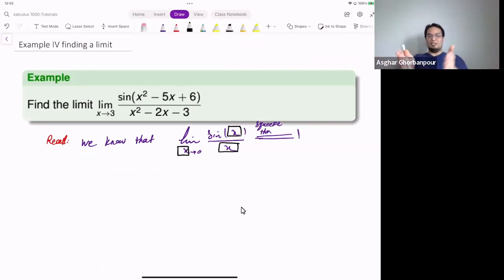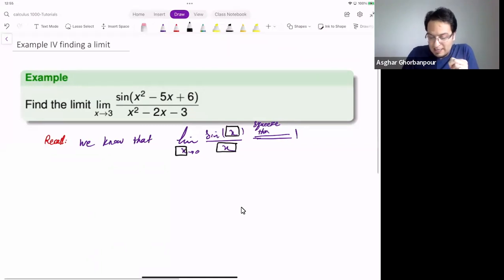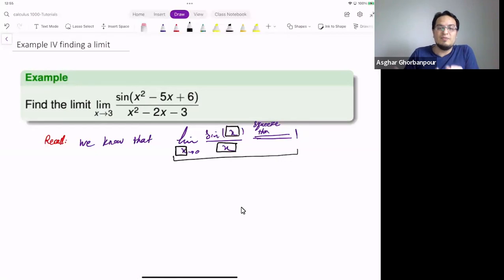If you know the derivative of sine x at 0, you will be able to find the derivative of every other trig function just by knowing this limit. If you follow the videos or notes, you will see how this works. I want to use this fact and try to solve that limit.